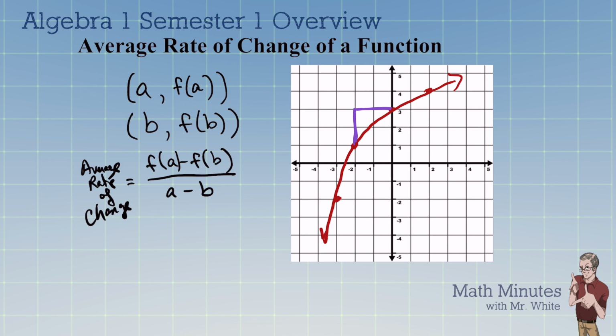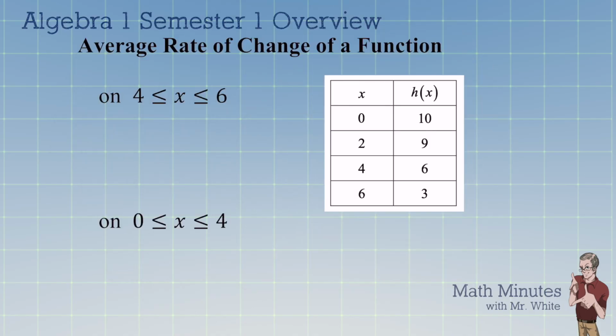We use the triangle symbol, called delta, for the word change in math. So that's the change in y over the change in x, which is exactly what's happening in this formula. We subtract the y's over subtract the x's. That's how you find the average rate of change between 2 points on a graph from a function.